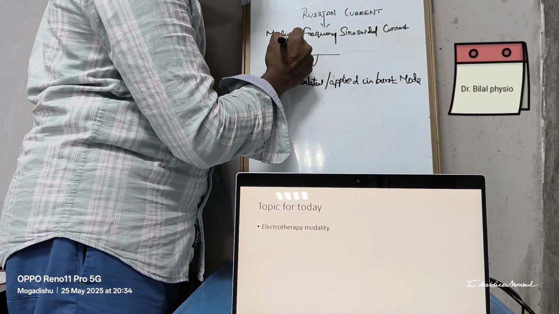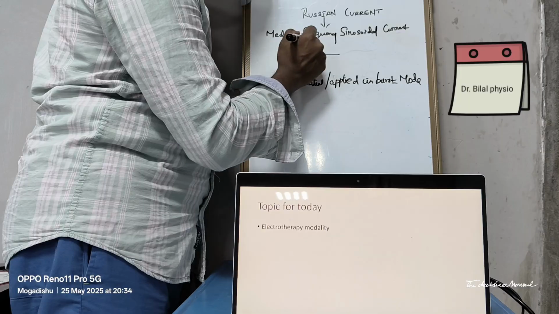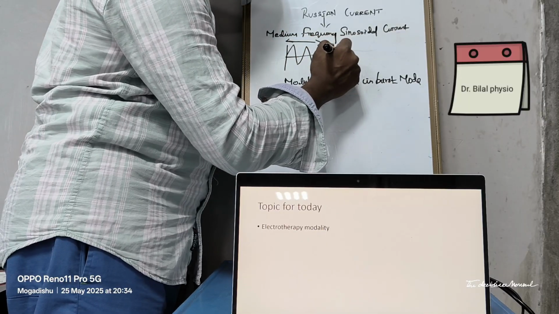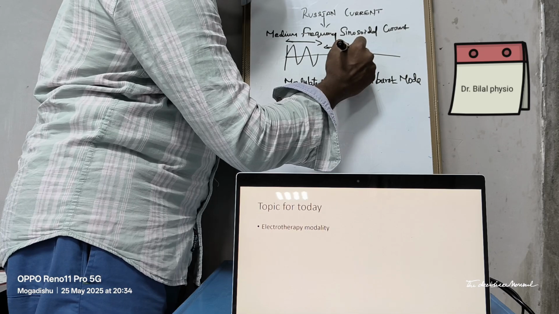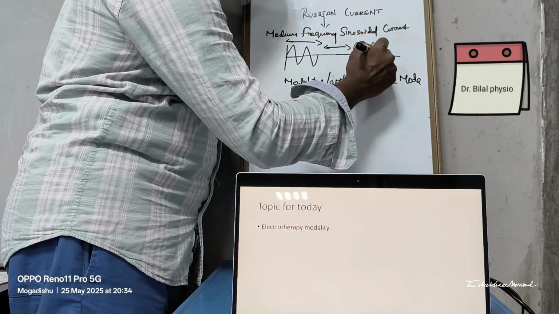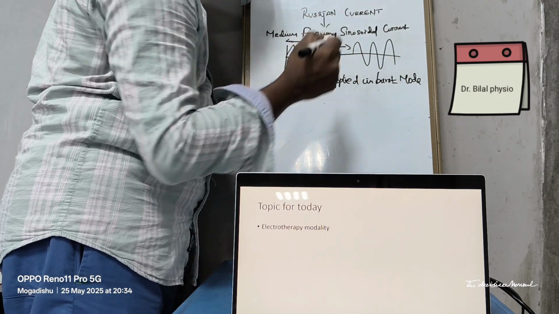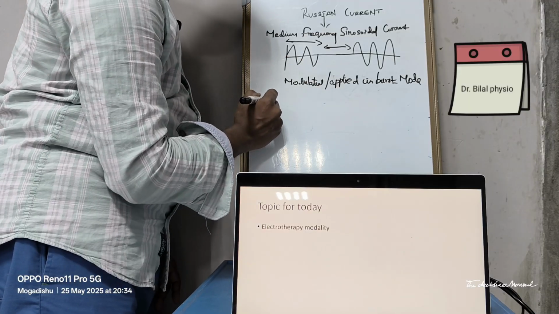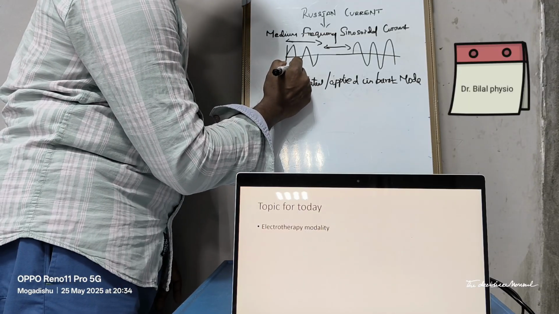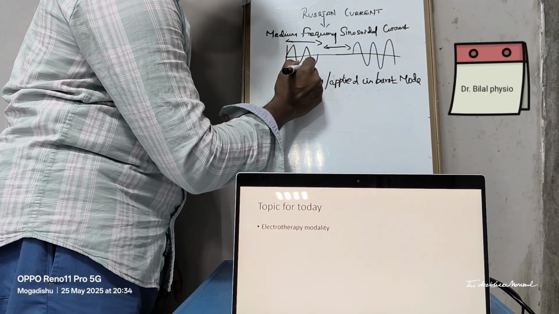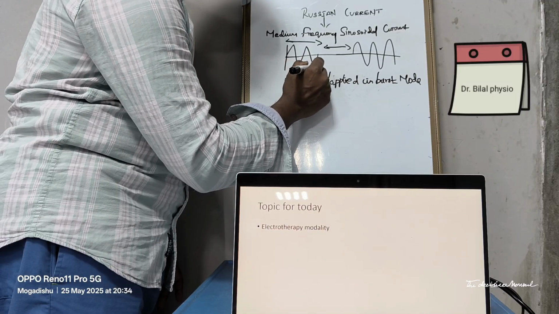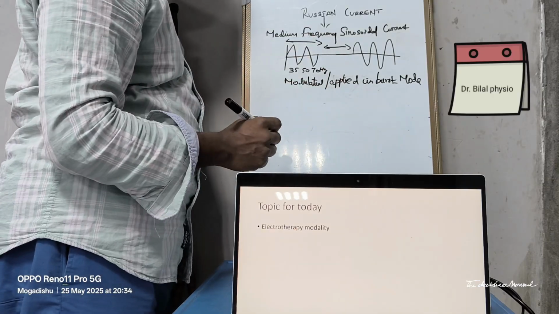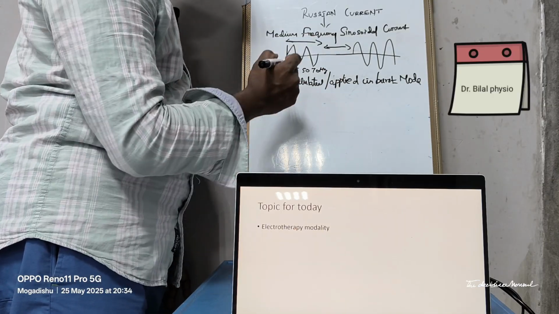This is called a duty cycle: burst on time followed by an interburst interval, again followed by the burst on time. In this burst on time, the burst frequency that we choose, either 35, 50 or 70 hertz, is applied to the patient.